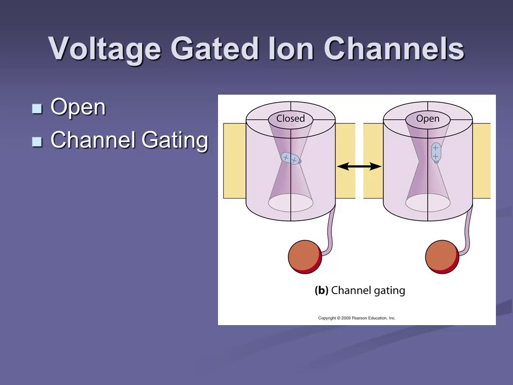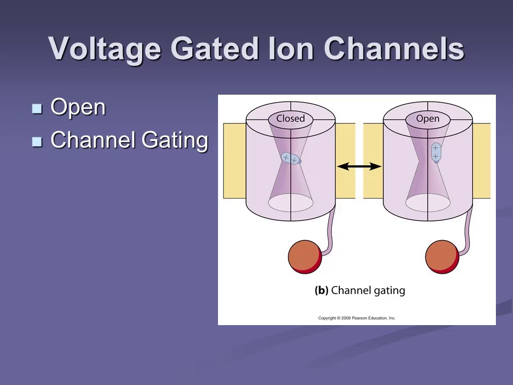There it's closed. At rest, our sodium voltage-gated channel and potassium voltage-gated channels are both closed. But at minus 55 millivolts, the sodium channel swings open. Not at minus 56, not at minus 58, but minus 55 or more positive, that will open that sodium voltage-gated channel.